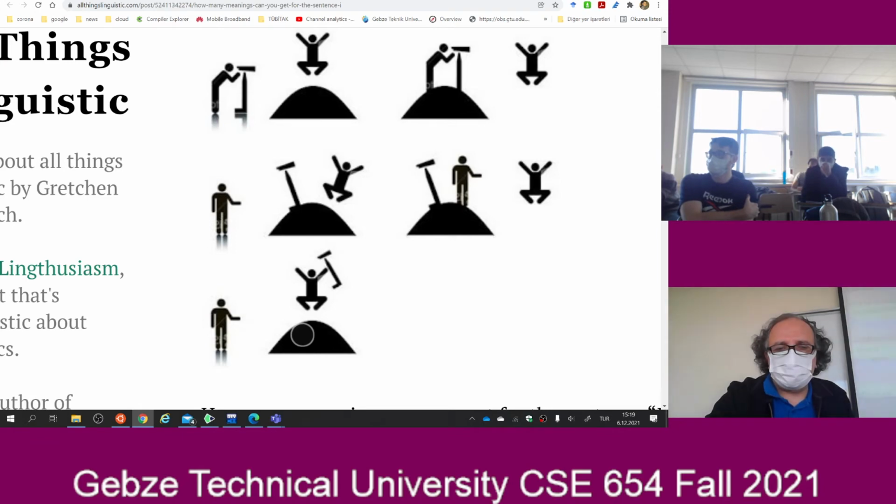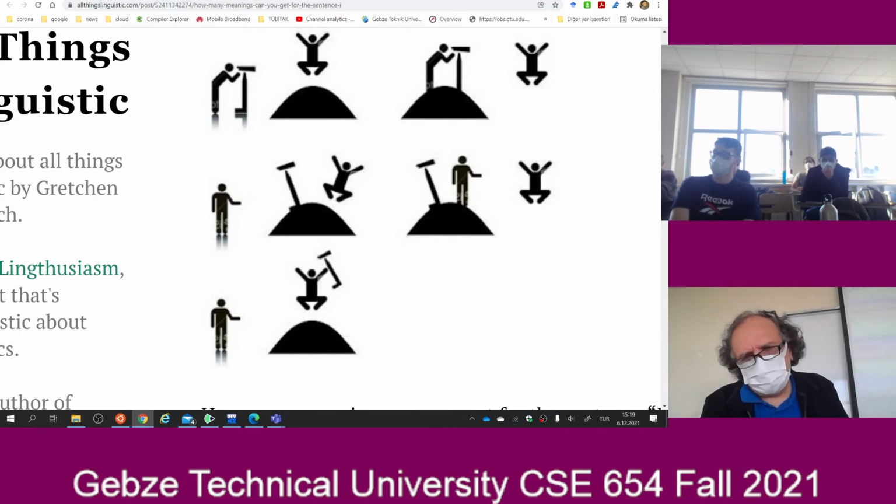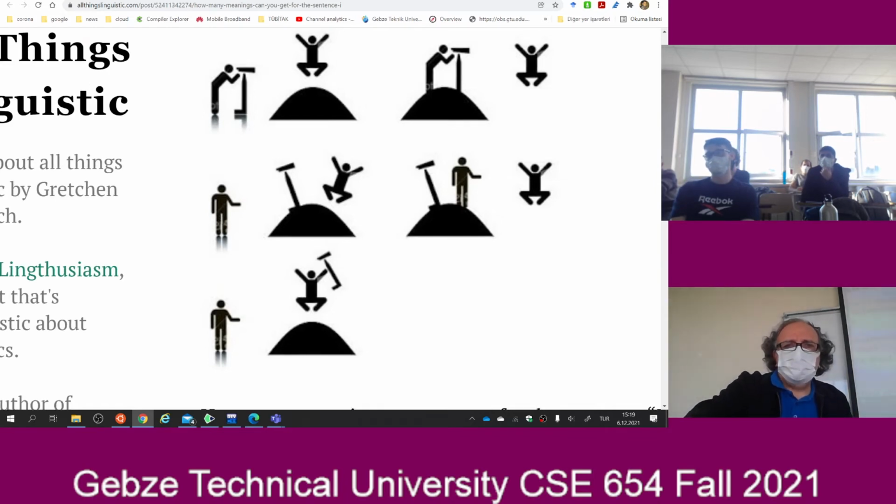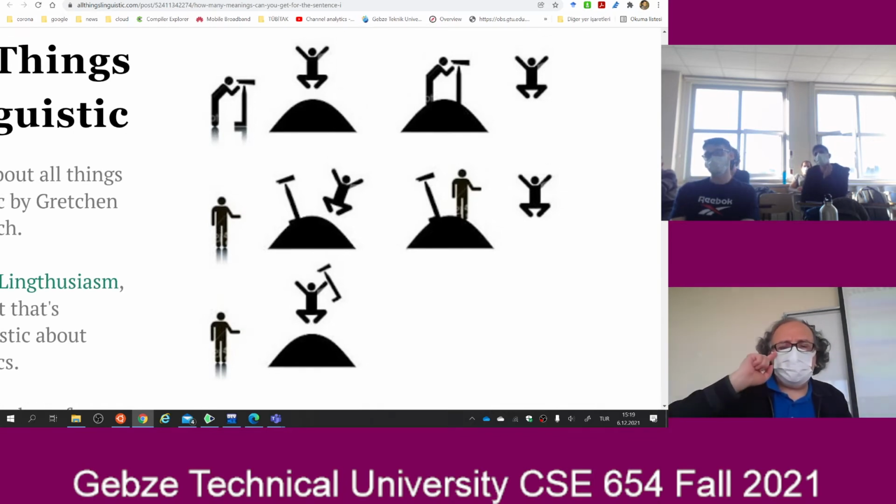Translate this into Turkish. Tepede teleskoplu bir adam gördüm. Teleskoplu tepede. Teleskopla tepede bir adam gördüm. In Turkish it is ambiguous too, right?